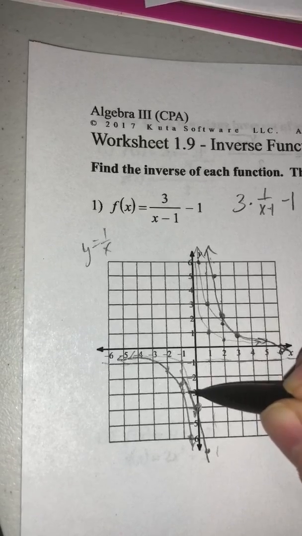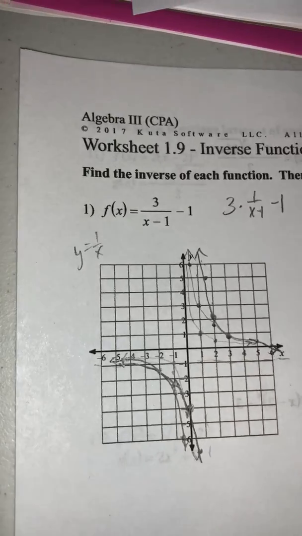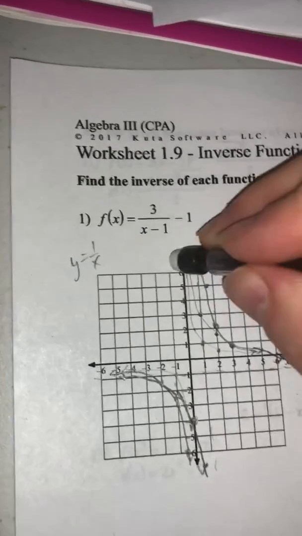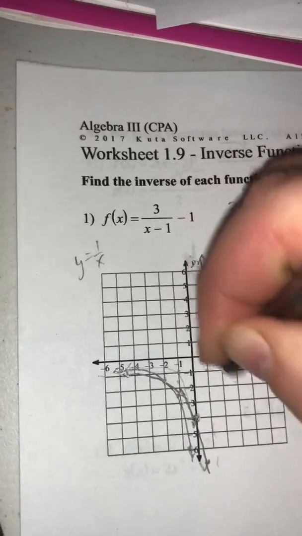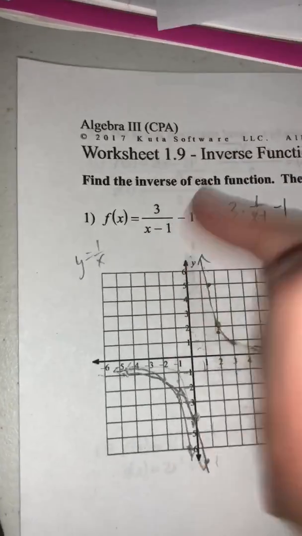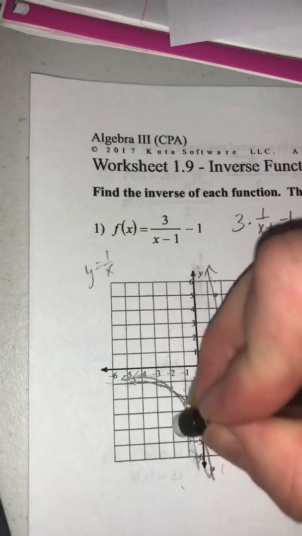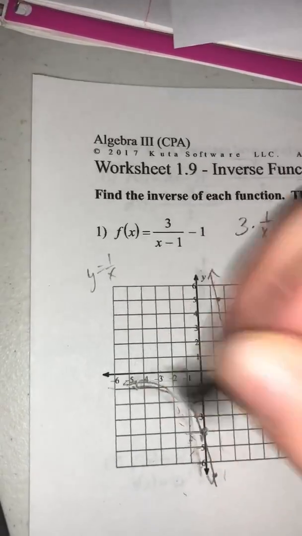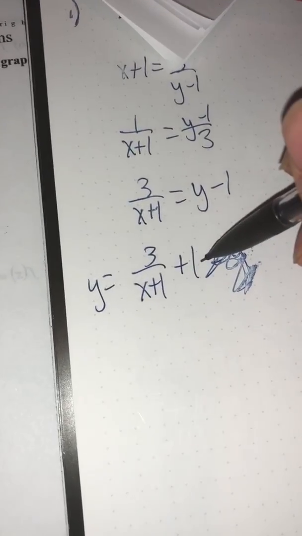Oh, I lost where I just was. Okay. So let's get rid of all these other ones that I don't need anymore. Okay, so there's the graph of the original, and then I just go ahead and graph my inverse.